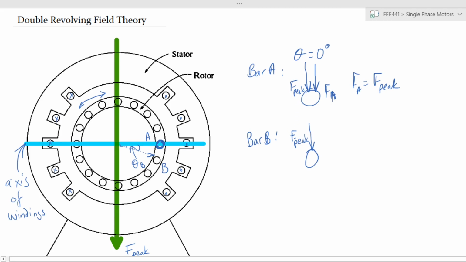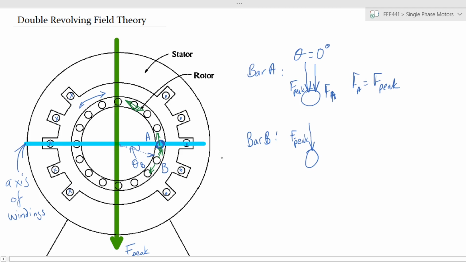Now, the direction in which this bar can move, let me use a different color to represent the direction. Let's say it can move that way or that way, right? It is tangential to where the bar is, okay? At any given point, the freedom of movement of any bar is tangential to its location within the rotor. So in the case of B, it is tangential in that way.